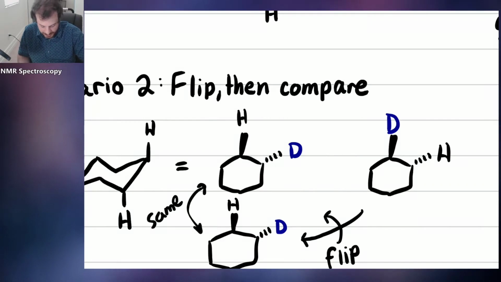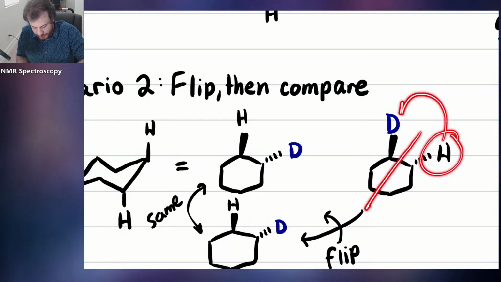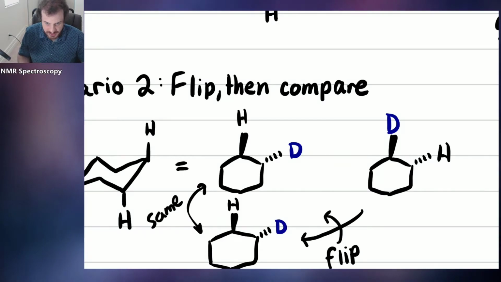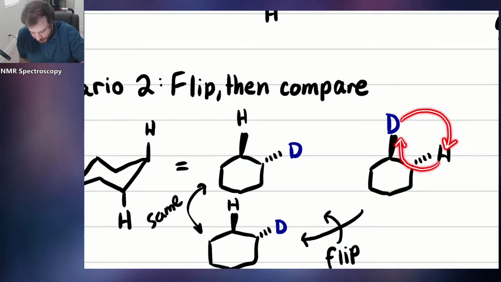Okay, now comparing these two compounds can be a little bit tricky. So what I suggest you do is flip the second compound you draw to try and line the hydrogen over the hydrogen and the D over the D. So can you imagine taking this compound and flipping it 180 degrees? The hydrogen will flip over to where the D is, and the D will flip over to where the hydrogen is.